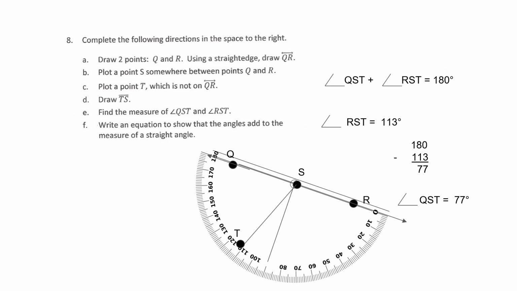Now yours is going to be different because, quite frankly, you're going to draw it differently. So if I know that one is 113, we know that the total, 180, minus 113 is 77. So QST should be 77 degrees. And we'd have to flip the protractor to figure that out. But that's the equation to prove what these angles are measured.